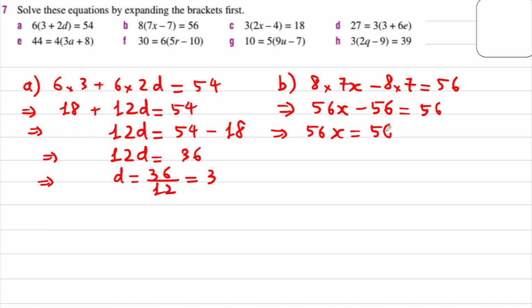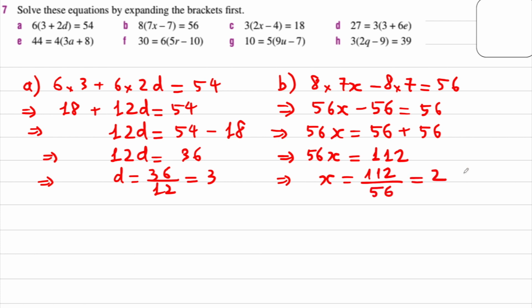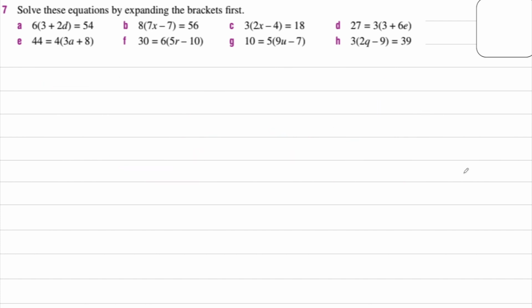And the first step, we get plus 56 on the right. 56h right now. And h equal to 112 divided by 56. This is equal to 2. Okay, that's number B. No space to write down, so I need to clear my slide.